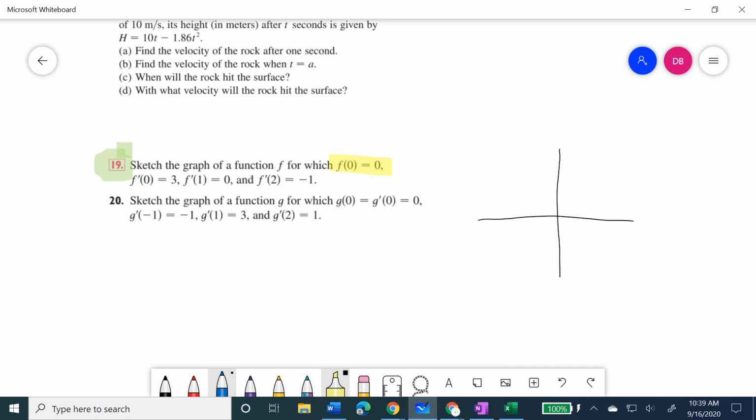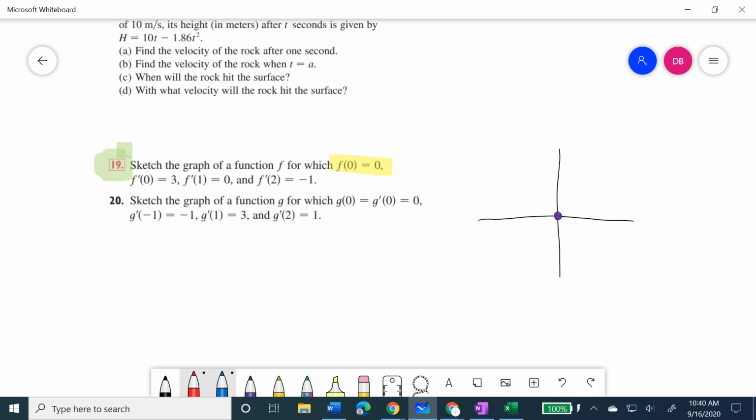F of 0 equals 0 is a specific point that must be plotted, so I'm going to plot that point. The next thing I'm going to do is look at what my slopes are and do kind of like little mini tangent line drawings. So this is not the graph, it's just drawing some mini tangent lines.